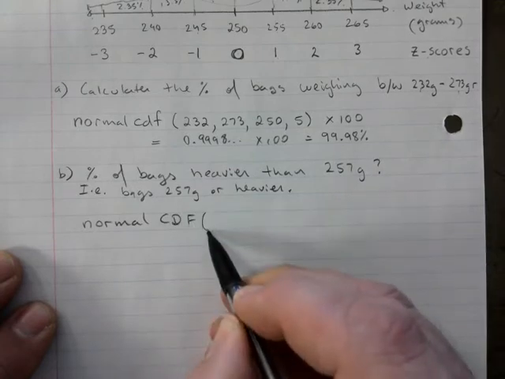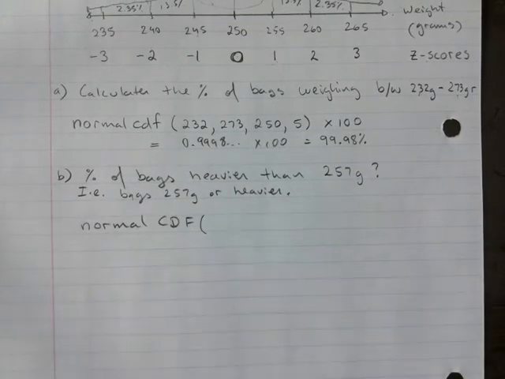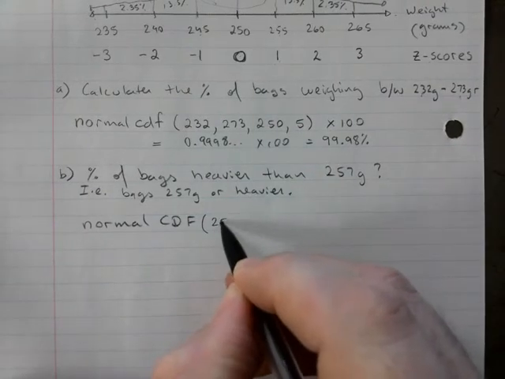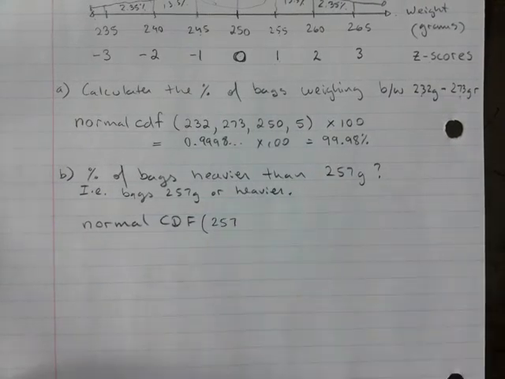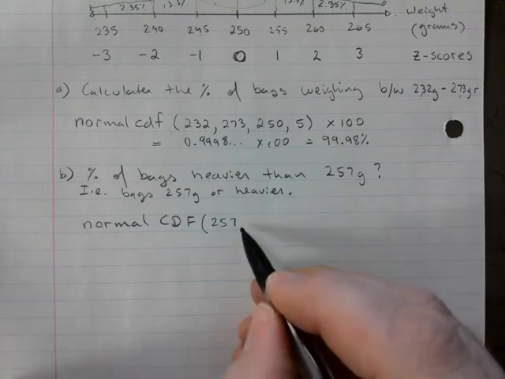Normal CDF, would 257 be my lower limit or my upper limit? What would you say? If it's 257 and heavier, then it's my lower, yes. So that's where you need to think, like, where does that upper and lower thing go, right?